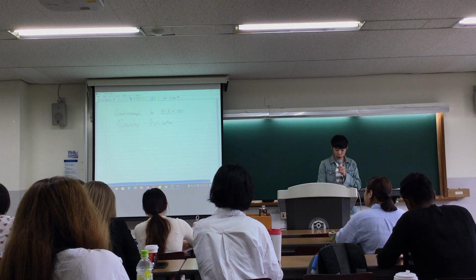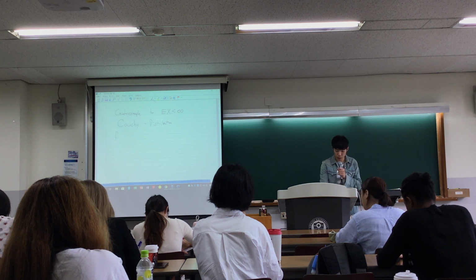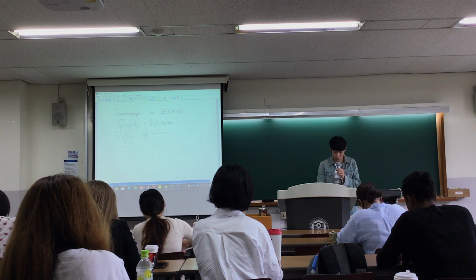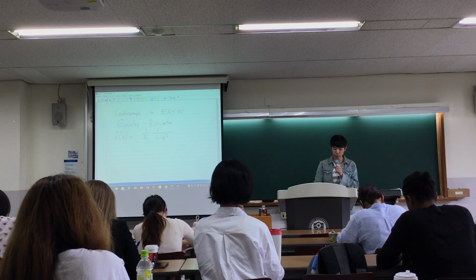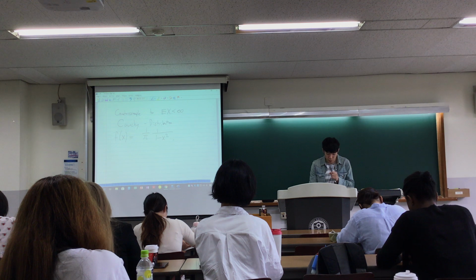The Cauchy distribution takes the parameter theta, but for now, let's not think about that. Let's just think about one example of a Cauchy distribution, which is 1 over pi, 1 over 1 plus x squared. First of all, is this a distribution for all real numbers?